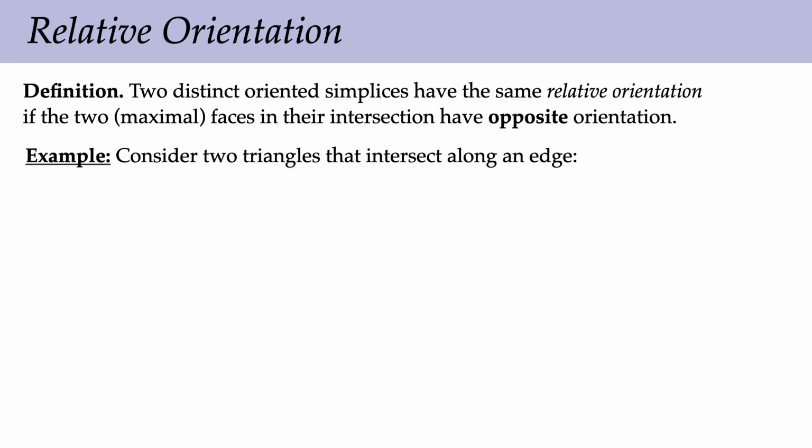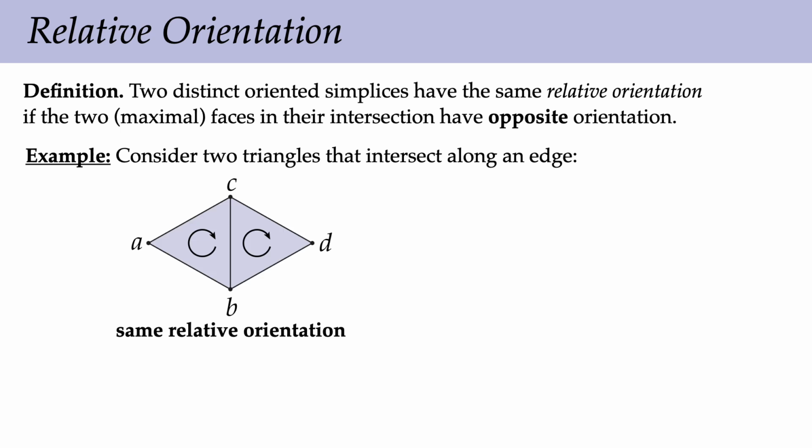So for example, let's say I have two triangles that intersect along an edge, right? Then these two triangles have the same relative orientation. Why is that? Well, look at the edge BC.